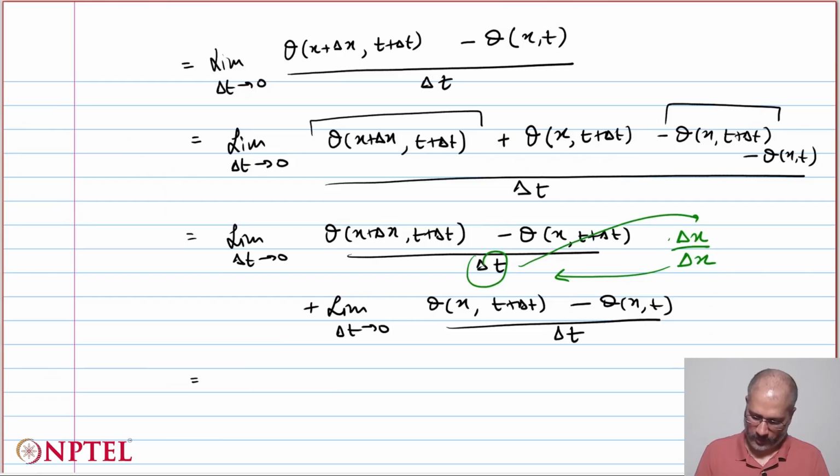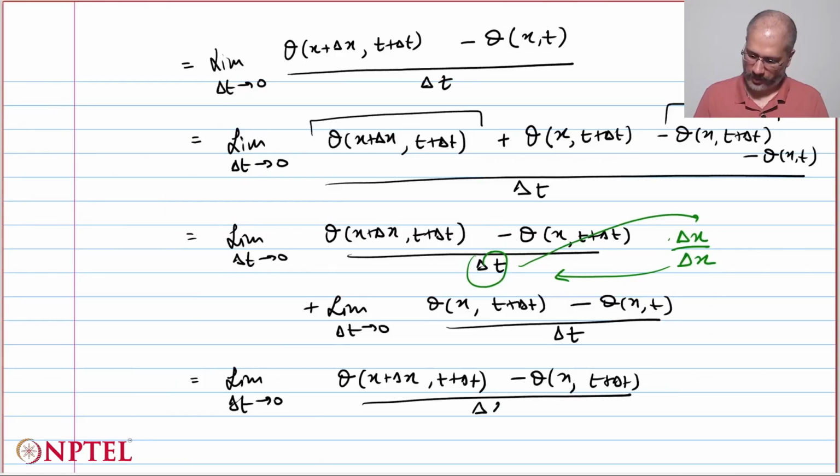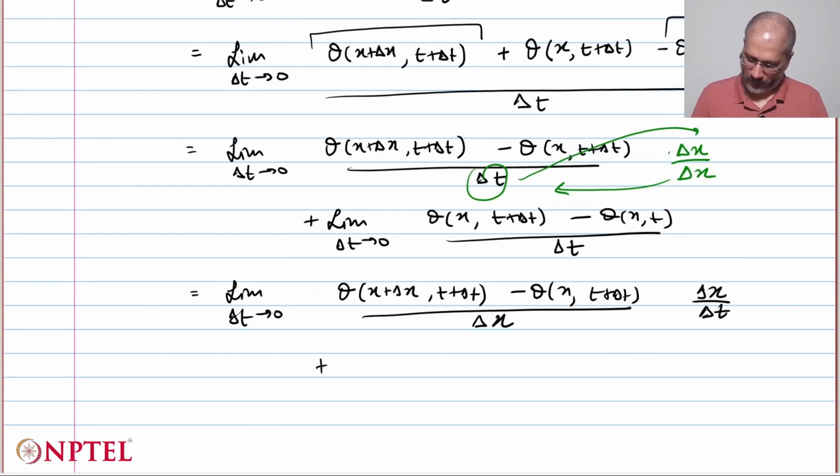So this becomes limit delta t tends to 0, and then we have theta of x plus delta x comma t plus delta t minus theta of x comma t plus delta t upon delta x times delta x upon delta t. And then we have the second term as well.